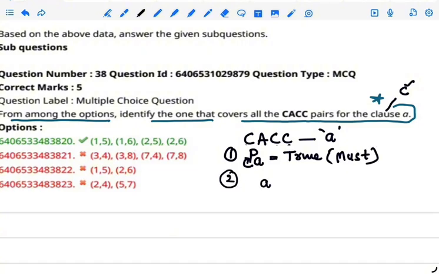You can remember it like this: the first one is related to PA, PA must be true, and the second one is about A and P. If A flips, P also flips.